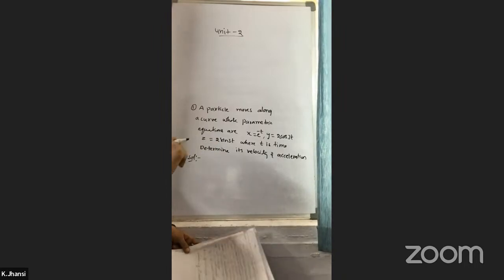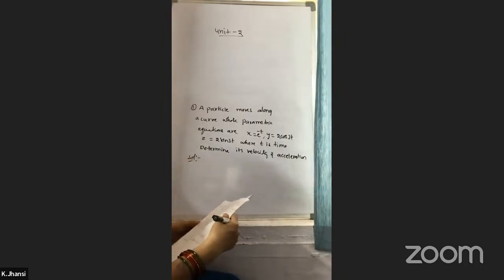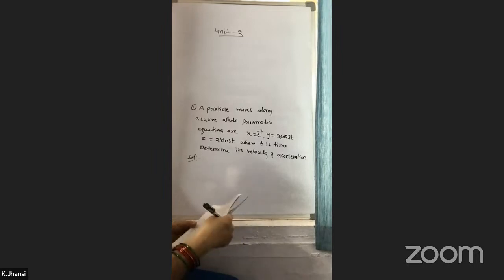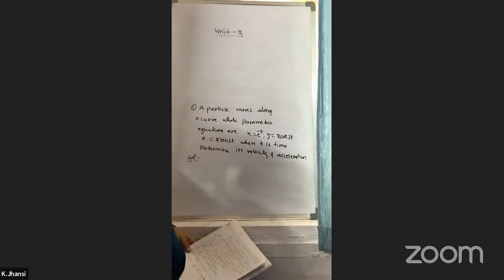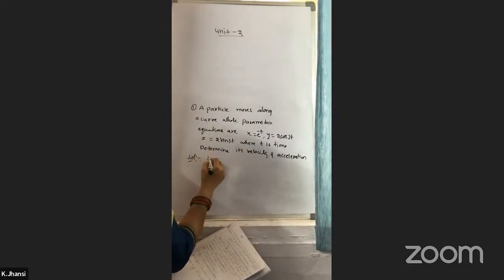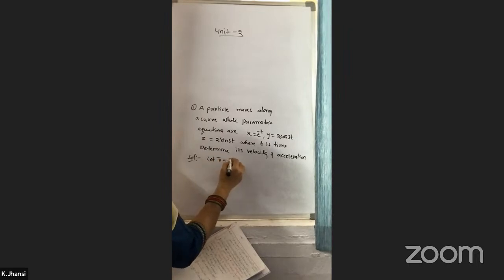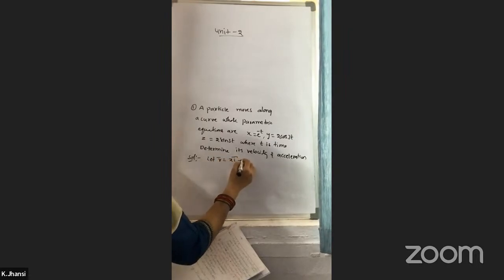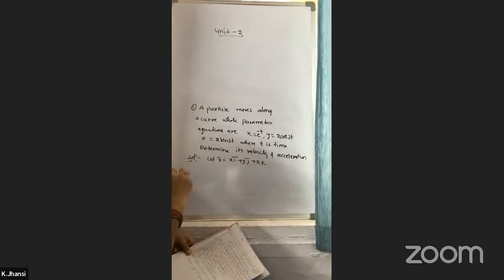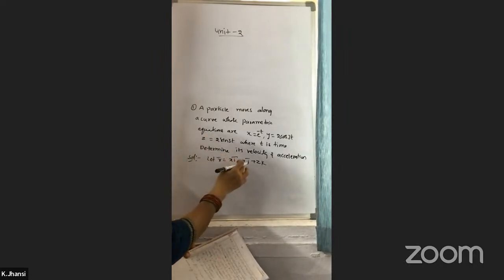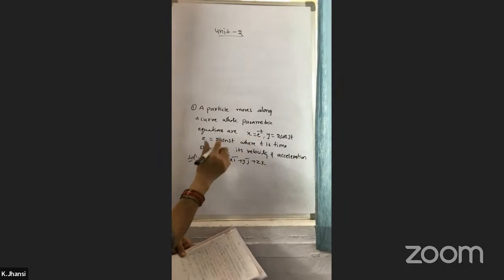So you have to write it in the form of a position vector, that is, let r is equals to xi plus yj plus zk. This is the position vector r with the coordinate axes x, y, z. So here substitute the given x, y, z values.